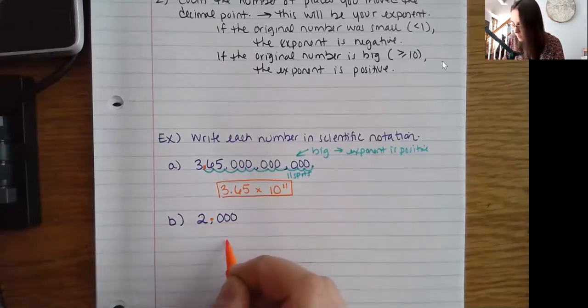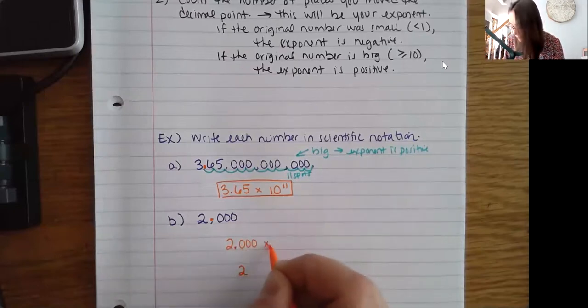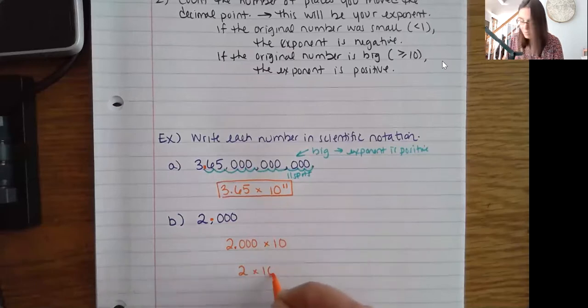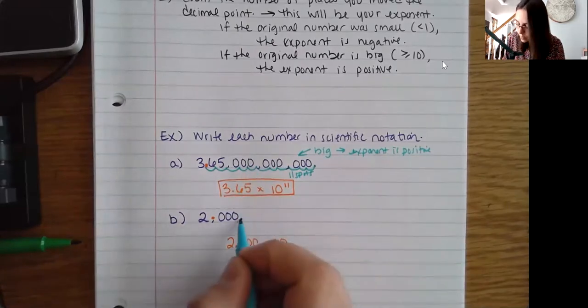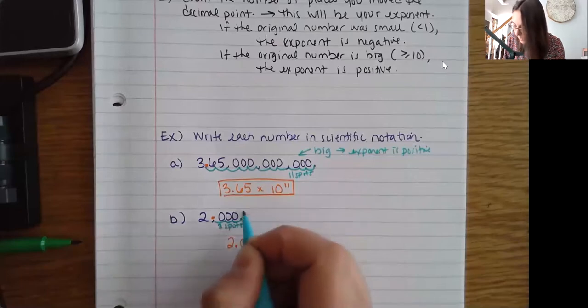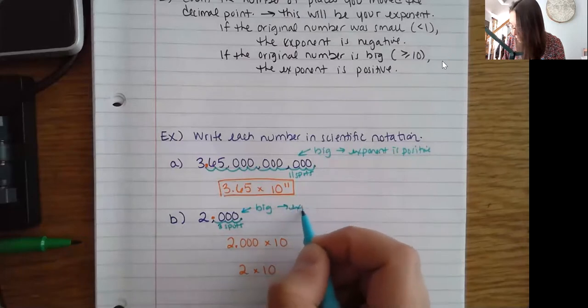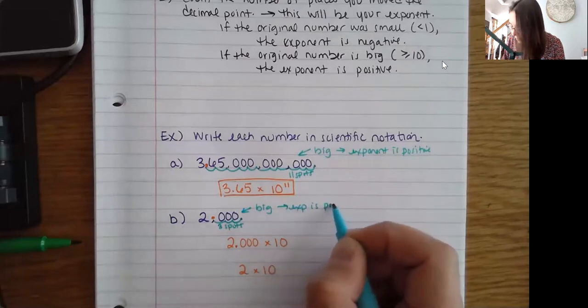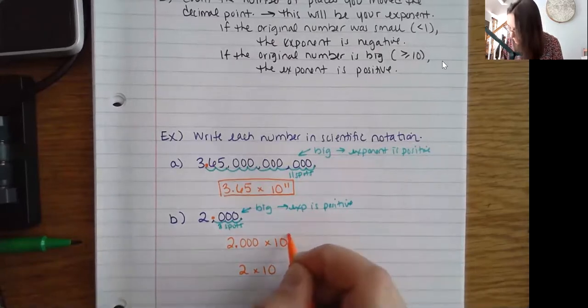If you want to write the zeros in, you can, but you don't need them. The zeros aren't going to make a difference. So I can just write this as 2, times 10 to some power. Your original decimal point in the whole number would be on the end, so you have 1, 2, 3 spots. And again, this is a big number, so my exponent is positive. So it's going to be positive 3.